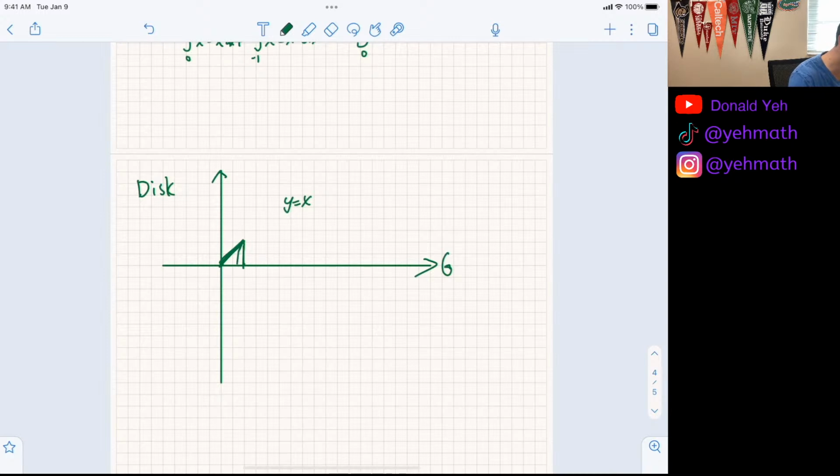It's going to form a shape like this, and that's gonna give you a cone. That's a way to find the volume of a cone. That's where the cone formula comes from, and that's why it's 1/3. Actually, you can prove it too.